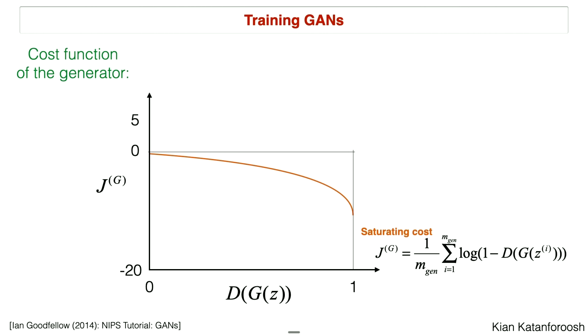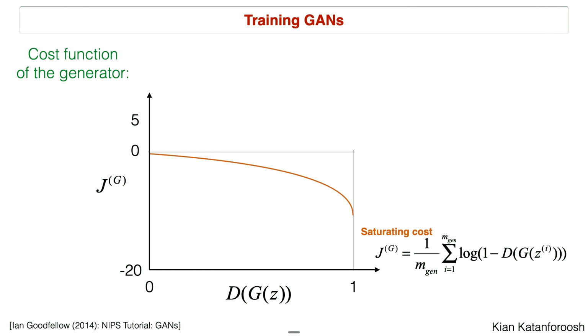The reason it's called that is because early in the training, D of G of Z, which is the prediction of the discriminator given a fake image, is typically close to 0, because the discriminator can tell that a randomly pixelized image is fake. So we are right here at the beginning of training.